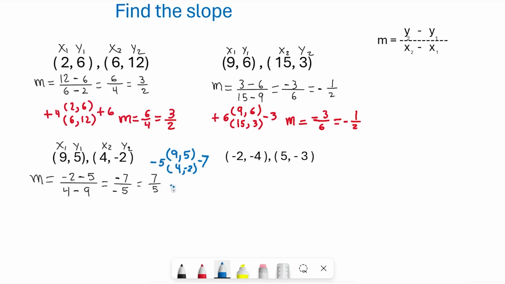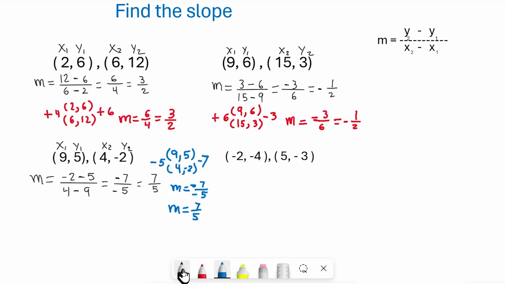So then the slope should be -7 divided by -5. Negative divided by a negative, all of this turns into positive. And clearly you get the same answer. All right. So this is 5. Let me rewrite it. It doesn't look like 5.